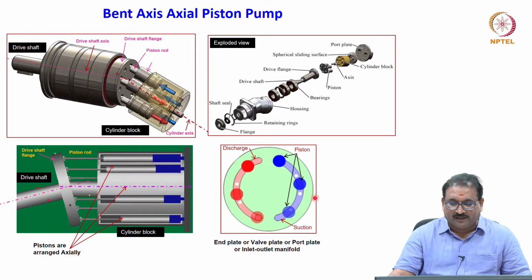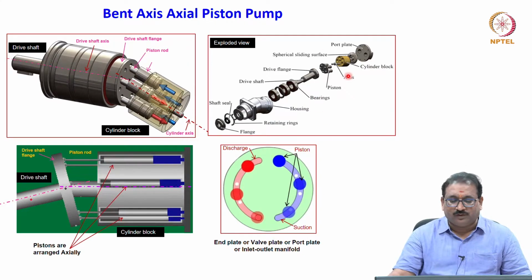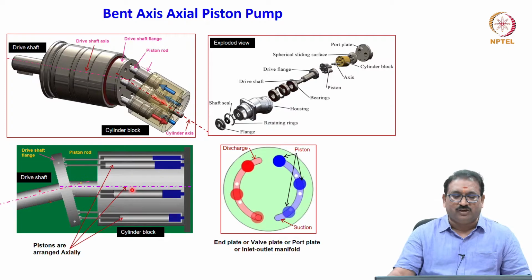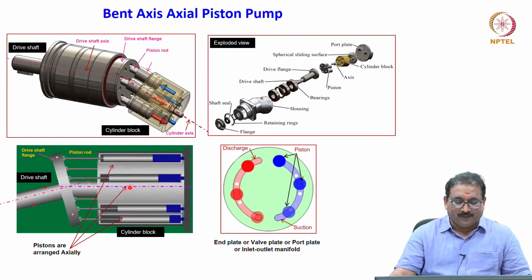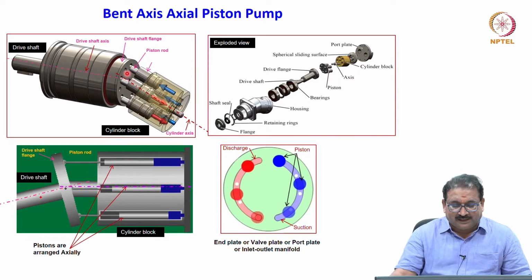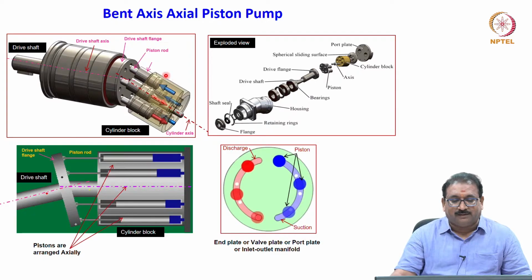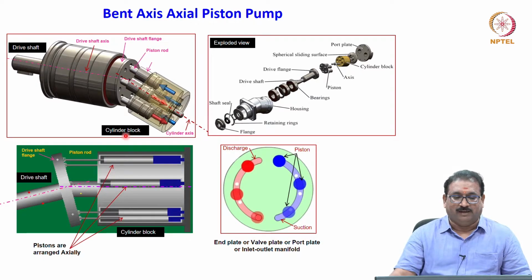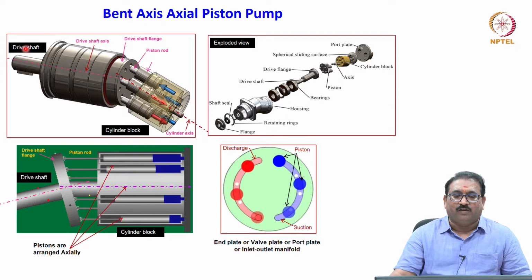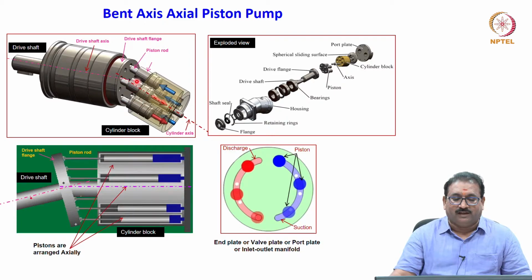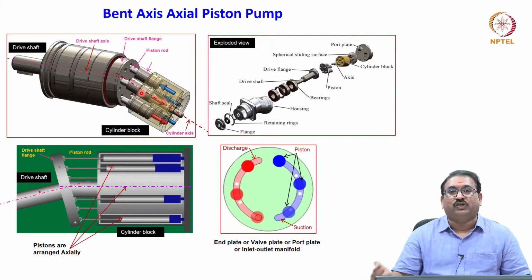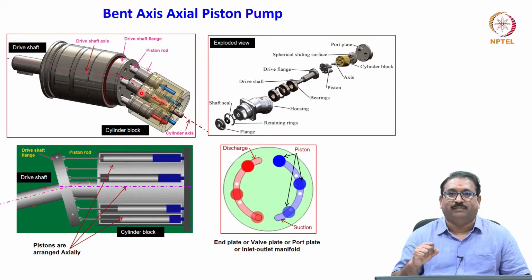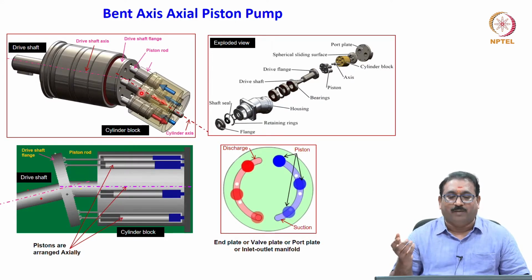I am showing you exploded views as well as some animations. You will see here this is called a cylinder block. Cylinder block and drive shaft always have an inclination, fixed or variable based on the customer's demand.